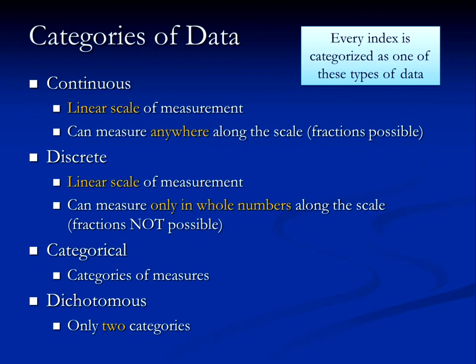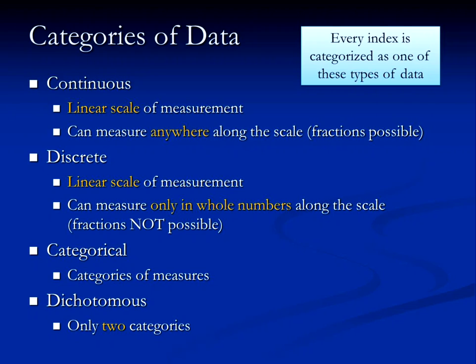You can also categorize an index as discrete. So this would be the linear scale of measurement. The biggest difference between continuous and discrete is that with discrete, you can only measure in whole numbers along the scale. You can't use fractions along the way.